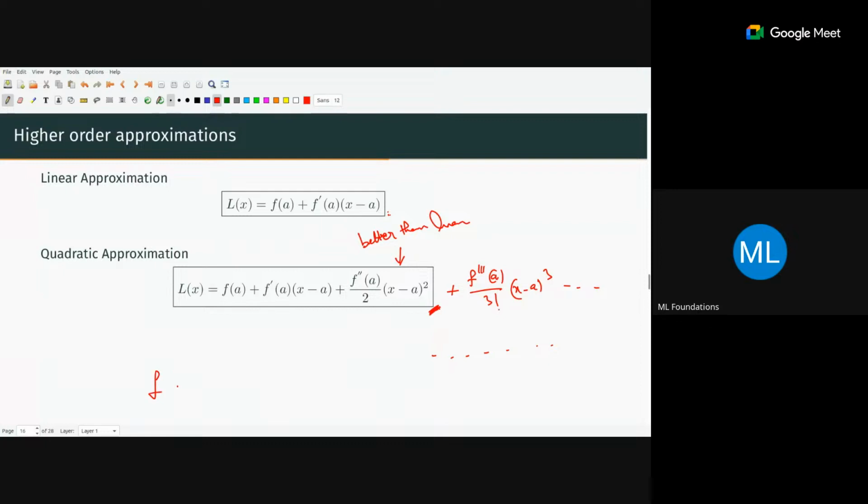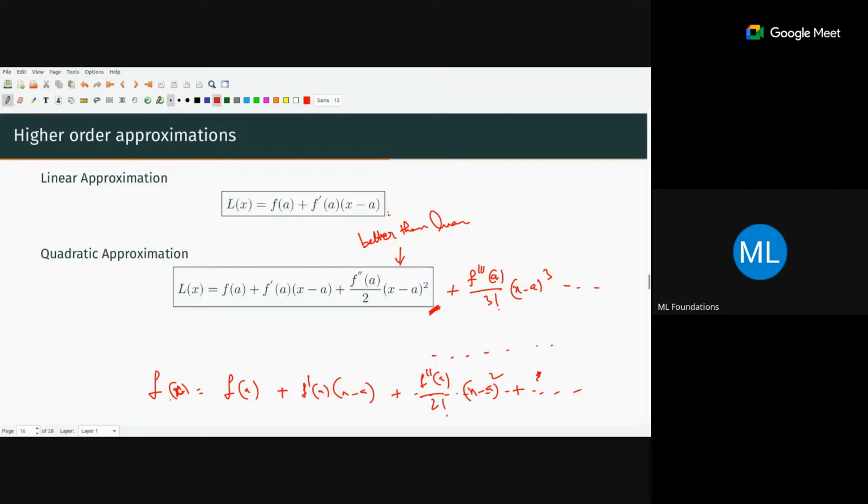So this is the Taylor approximation we know, right? f of a plus f dash of a into (x minus a) plus f double dash of a by 2 factorial into (x minus a) whole square, plus all the next terms, and so on. It will go to infinity. This is the Taylor approximation of any function.